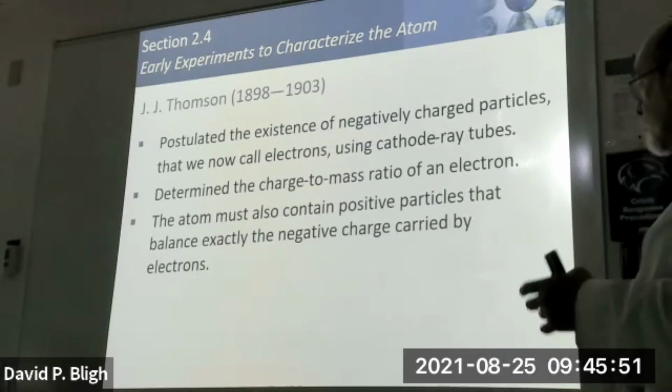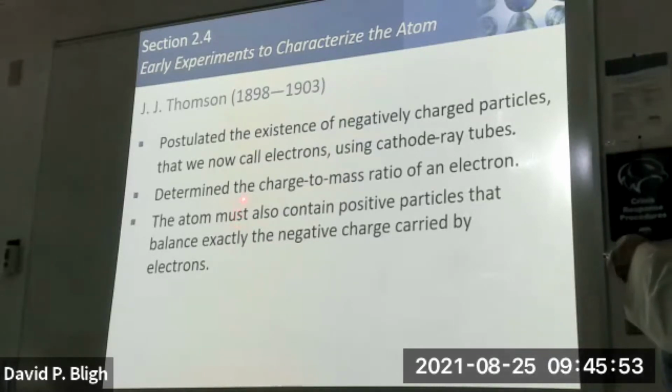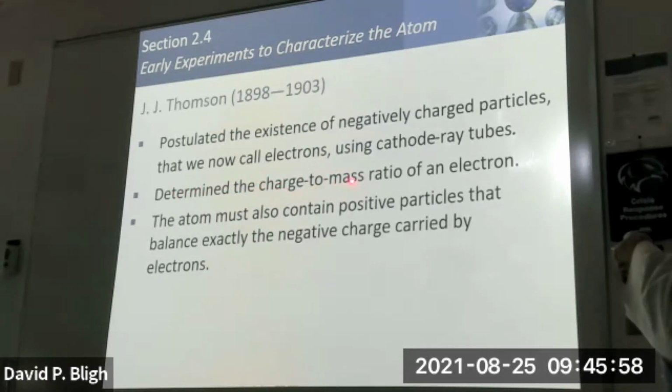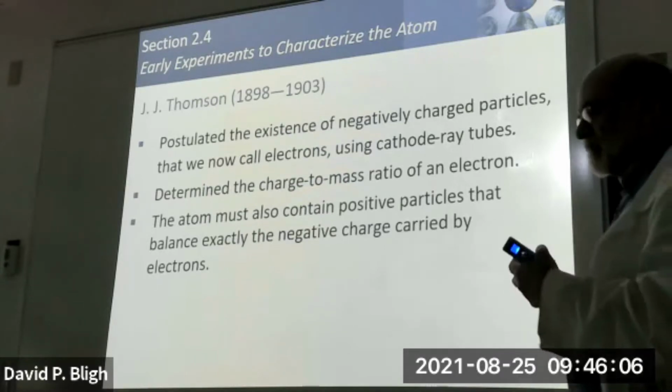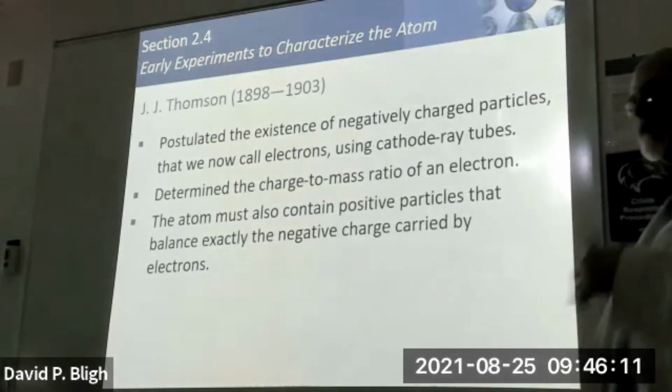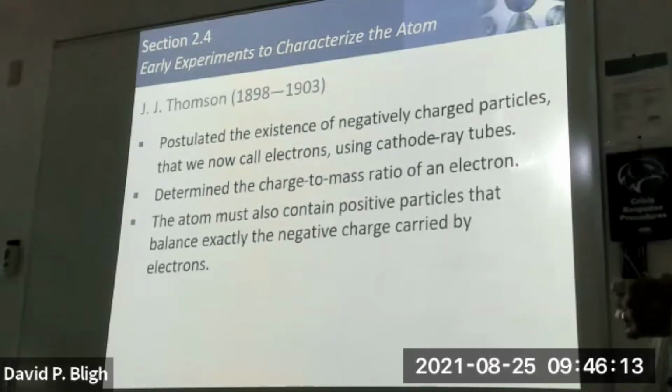And he also determined by other experiments the ratio of the mass to the charge of that particle he called the electron. Much of modern science and its development is based upon technology.